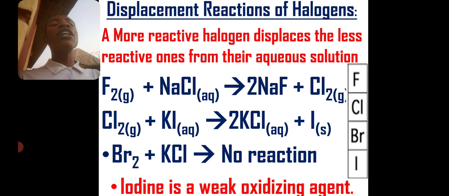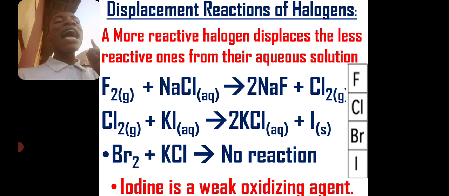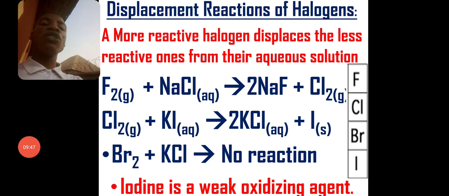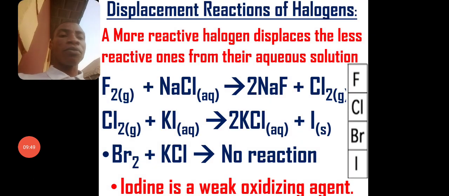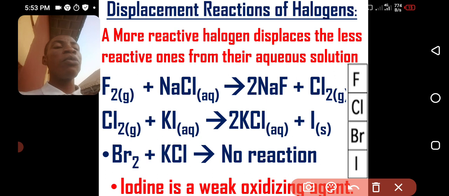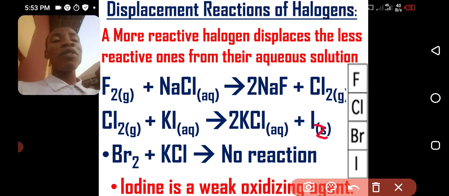So when chlorine reacts with KI, it gives us KCl plus I2, not ordinary I, it should be plus I2, because halogens are diatomic in nature.